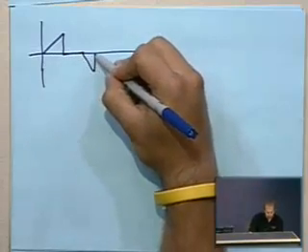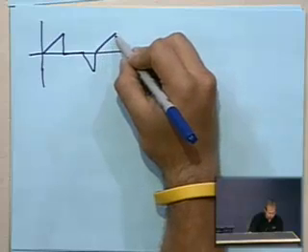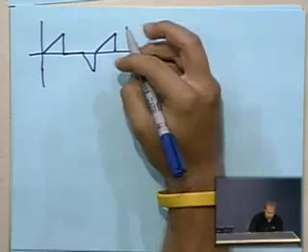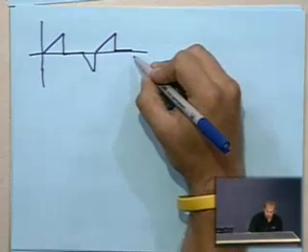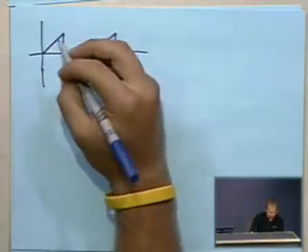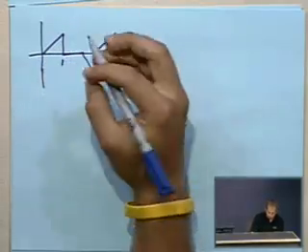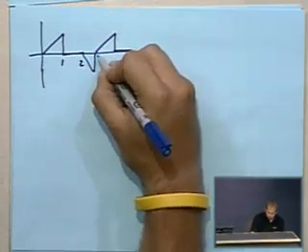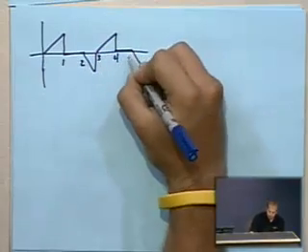Kind of an interesting and irregular sawtooth. So if this is the voltage waveform, this is time 1, time 2, time 3, time 4, time 5.